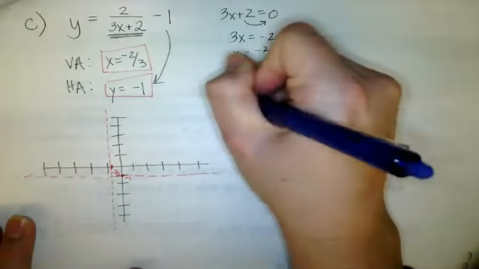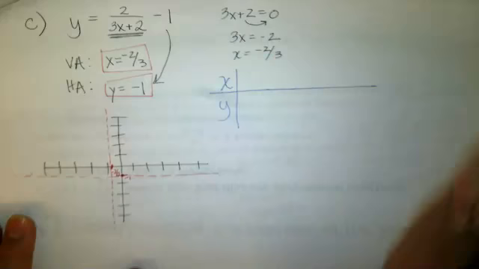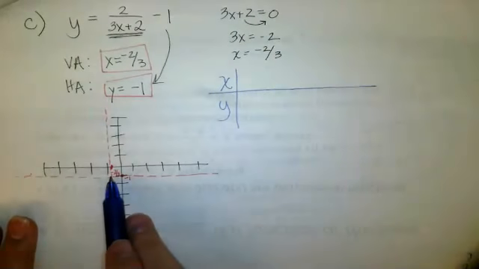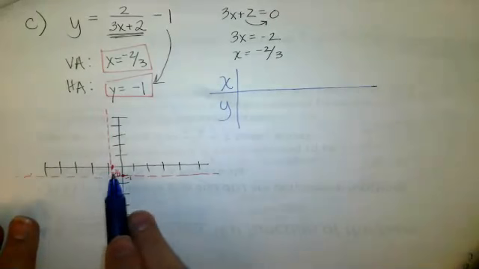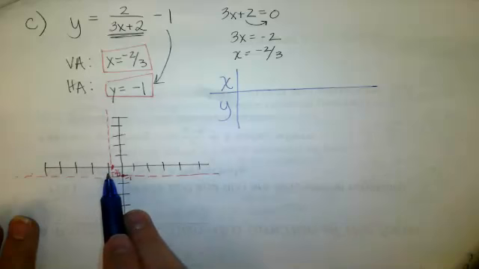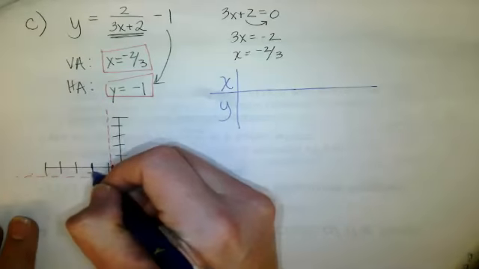And now a little XY chart. What are some values we can use for x? You could use negative 2. Can we use negative 1? Yeah, you totally could. I think I do want to just go ahead and try negative 2.